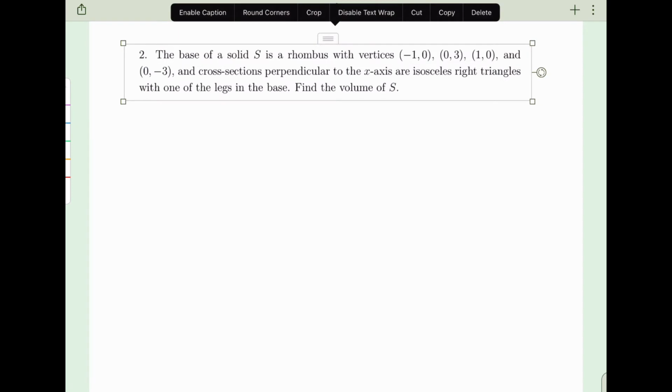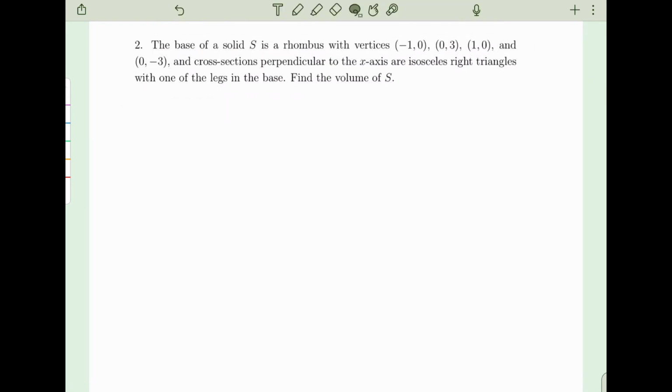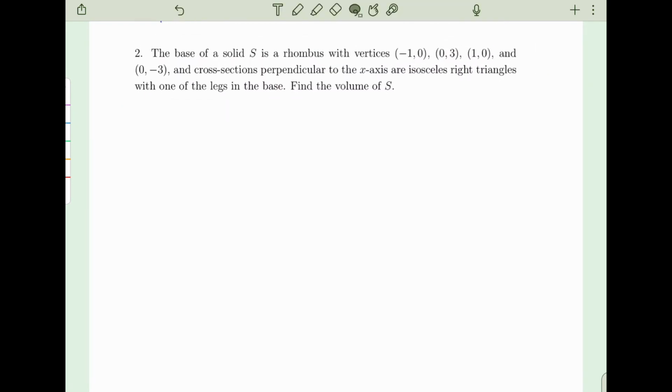This is a difficult question, so we need to draw the graph. The base of a solid S is a rhombus with the vertices, -1 and so on, and the cross sections perpendicular to the x-axis are isosceles right triangles with one of the legs in the base. So what does that mean?